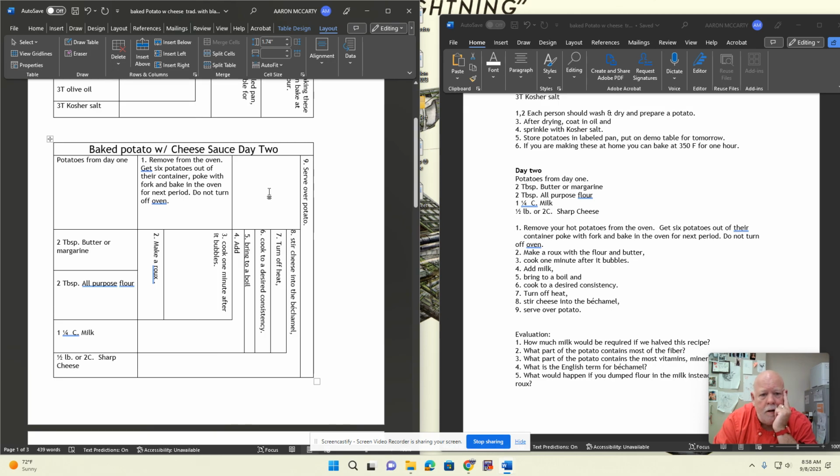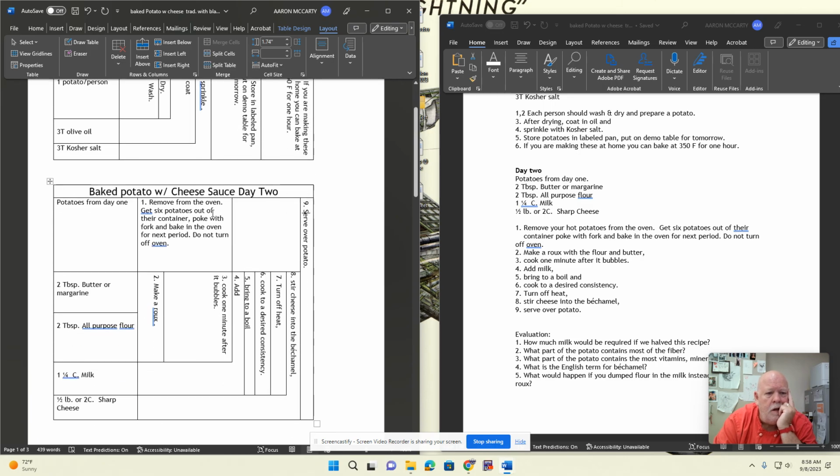This box here is left empty. There's no need to fill in every box because your potatoes are just waiting for this step, step 9.